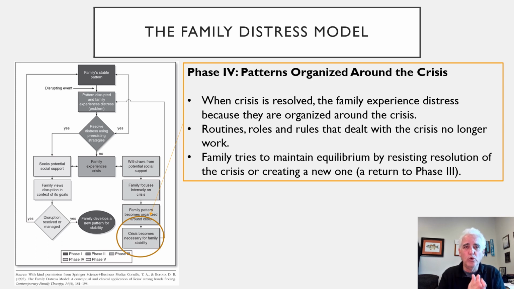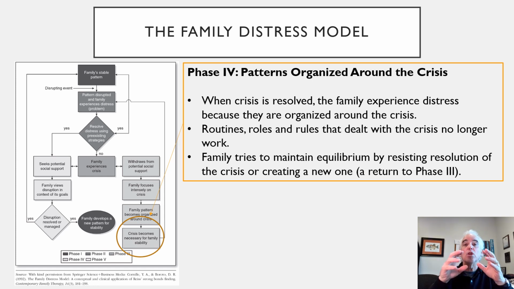So their routines, their roles, their rules, all these things designed to deal with the crisis no longer work. So the family then has to reestablish, now they're unbalanced, they have to reestablish equilibrium, homeostasis, by resisting solution to the crisis or by creating a new crisis, which then would return them to phase 3.